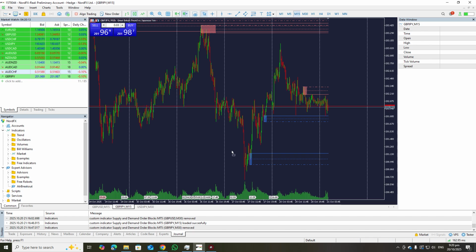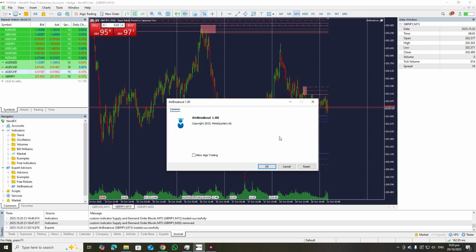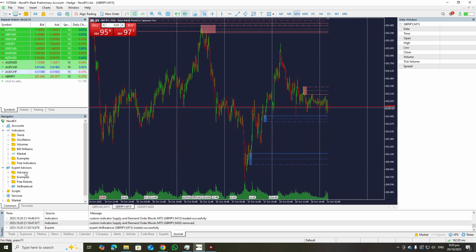Because I was actually working on an expert advisor here based on a different indicator. But I don't really like that indicator as much as this one, honestly. It works, it's just a bit slower than this one in terms of giving signals and such, a bit later. But nevertheless, this is the indicator.